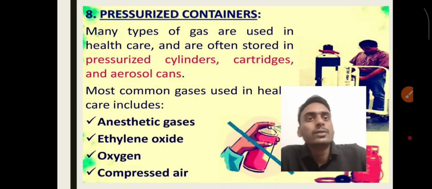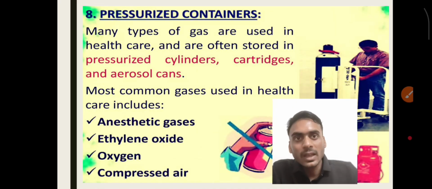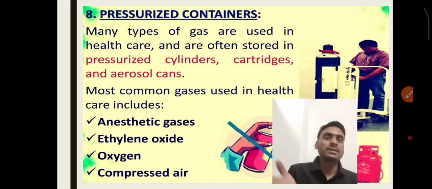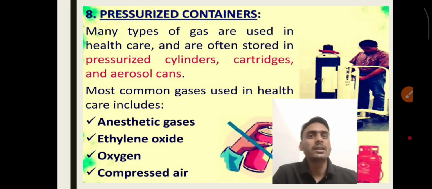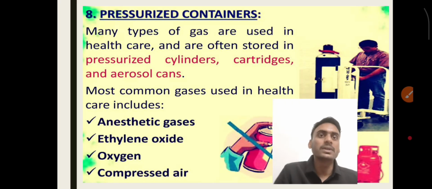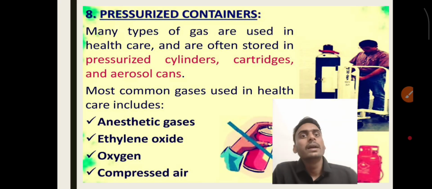Now we discuss the next category, pressurized container. Many types of gas are used in healthcare, stored in pressurized cylinders or cartridges, which are also containers, and aerosol cans.